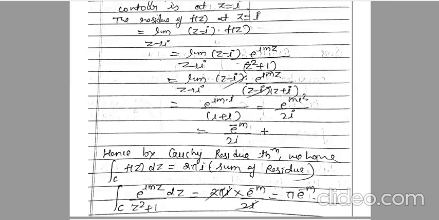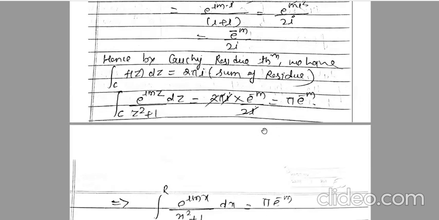Now, if you have the residue, then you will apply the Cauchy residue theorem. So hence, by the Cauchy residue theorem, we have the integral over C of f(z) dz is equal to 2 pi i times the sum of residues. So the integral over C of e to the power i mz upon z square plus 1 dz is equal to 2 pi i into e to the power minus m upon 2i.